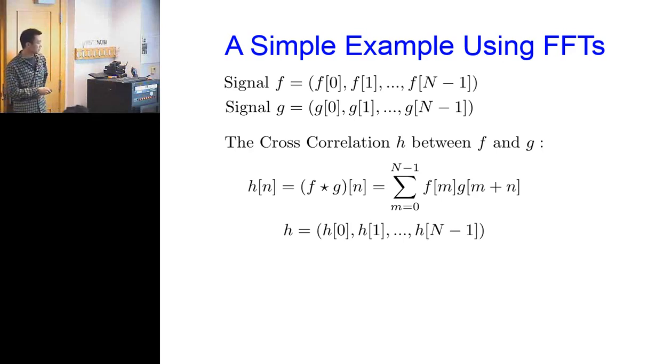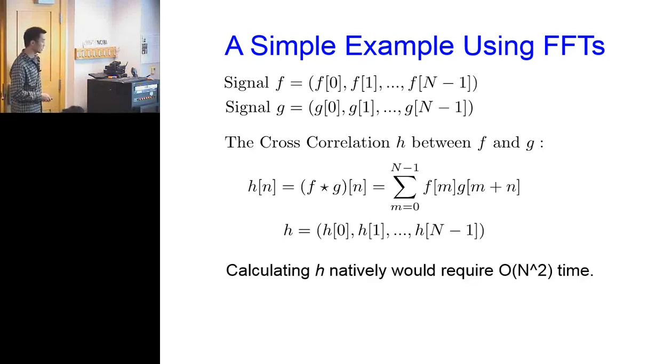How would you calculate H given F and G? You can do this naively: write a for loop for small n from 0 to n minus 1 and calculate this. You did n squared calculations, which means the time complexity is n squared.